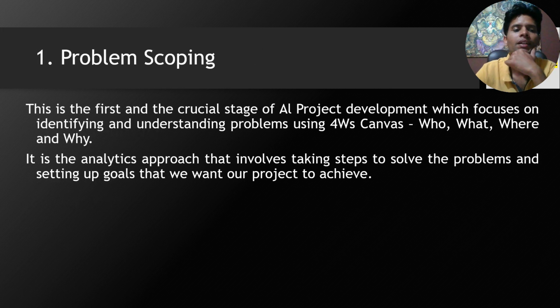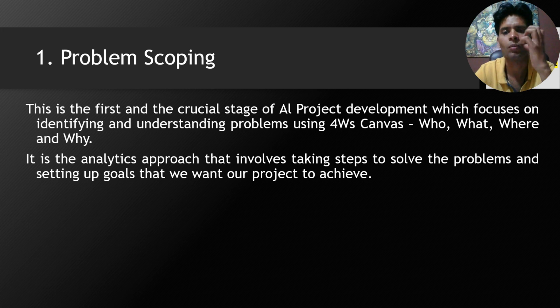Problem scoping. This is the first and the crucial stage of AI project development, which focuses on identifying and understanding problems using 4W canvas: Who, what, where, and why. These 4W are called 4Ws canvas. This stage is completed by using this 4W canvas.